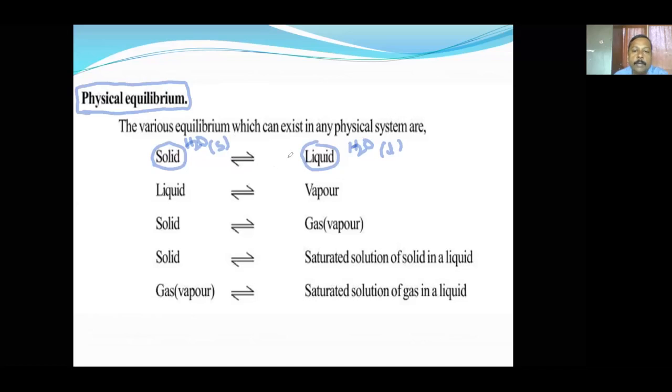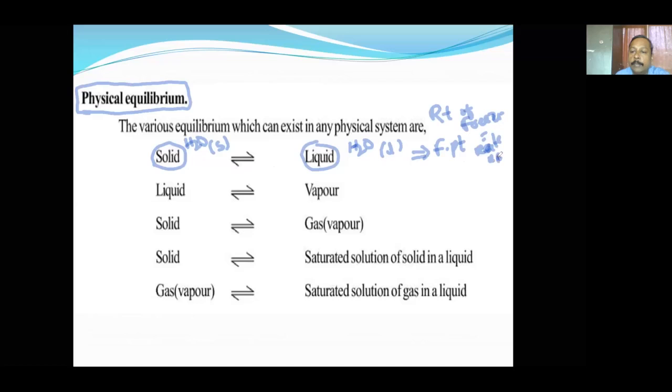Solid and liquid equilibria is attained at the freezing point. At the freezing point, the rate of freezing is equal to the rate of melting.